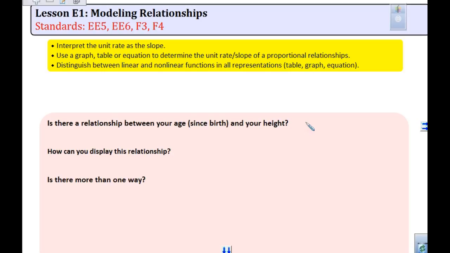So it says, is there a relationship between your age since birth and your height? Do you think there's been a relationship that as you've aged, what's happened to your height? Gotten taller. You've grown, right? So as your age increases, our height has increased, right?